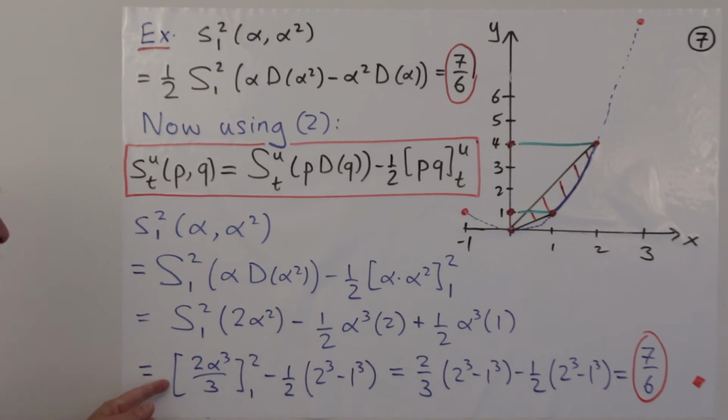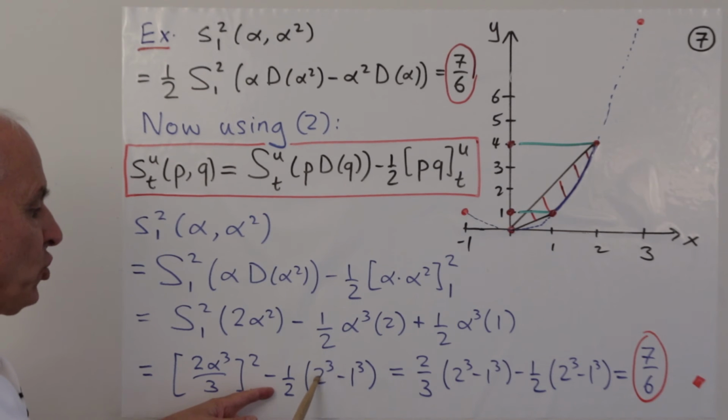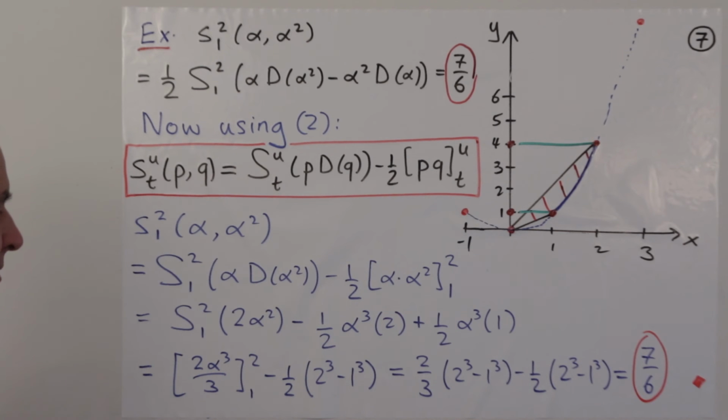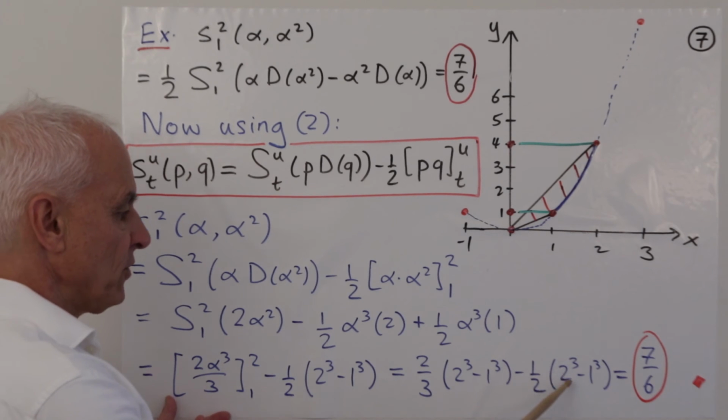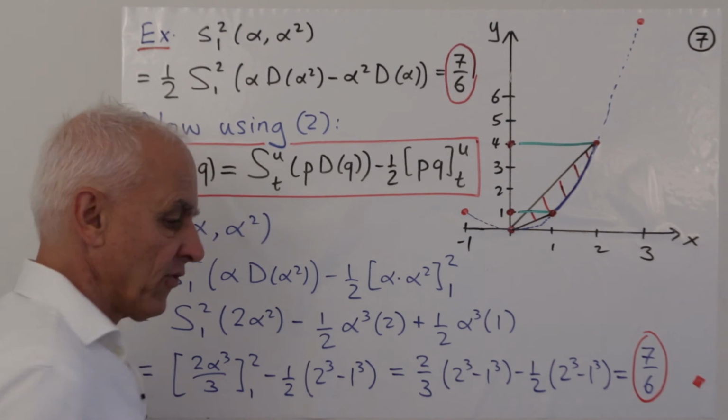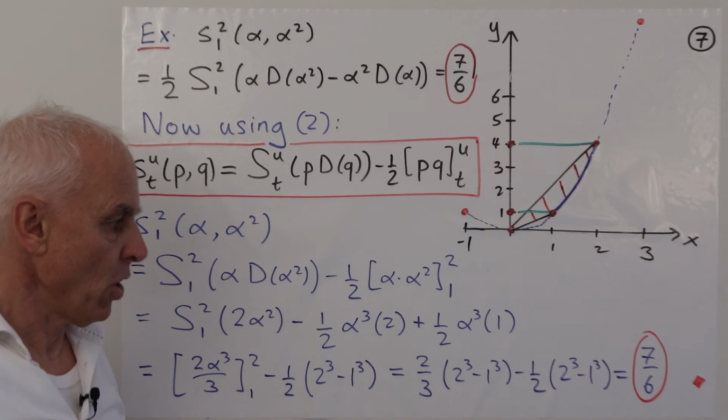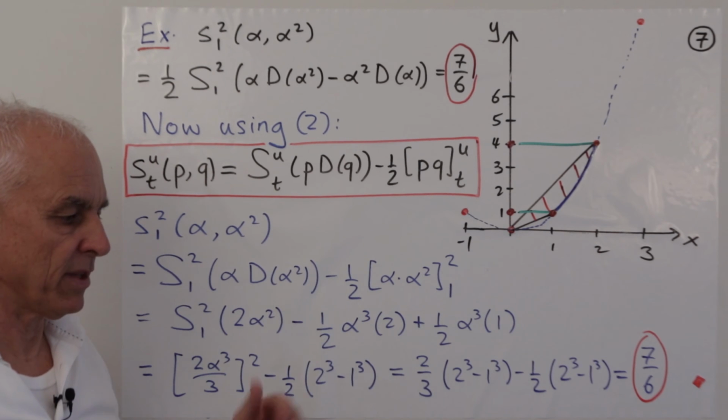So we get the integral of 2 alpha squared from 1 to 2 minus 1/2 of (2 cubed minus 1 cubed). This is 2/3 of (2 cubed minus 1 cubed) minus 1/2 of (2 cubed minus 1 cubed), and that gives us 7/6. Okay, same kind of thing that we did with the x one.